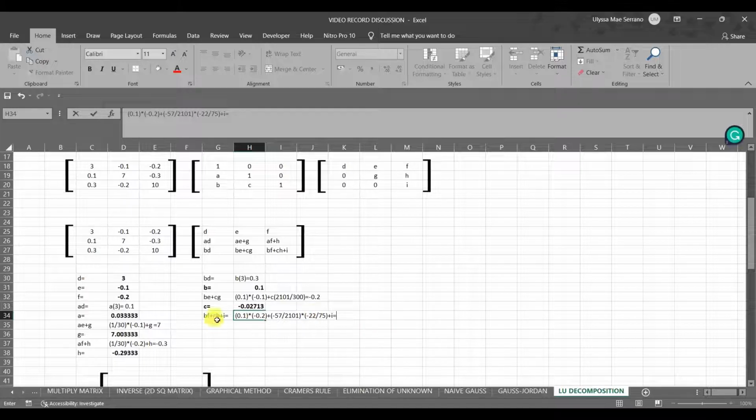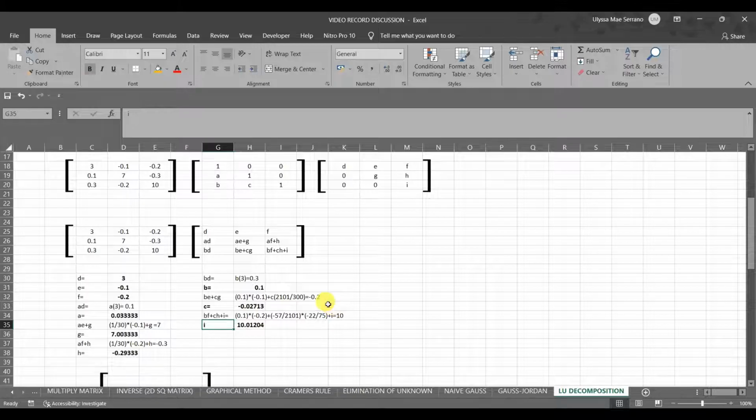And we can equate this equation, so BF plus CH plus I is simply equal to 10, and we will be able to find the value of I. So I is equal to 10 minus the product B times F, minus the product of C times H. So this will be the value of I.